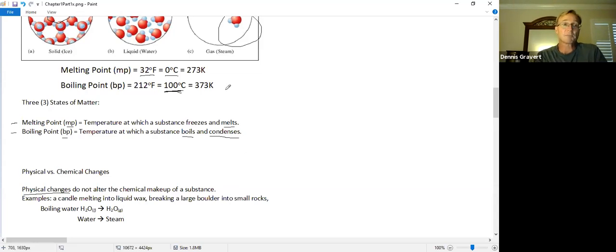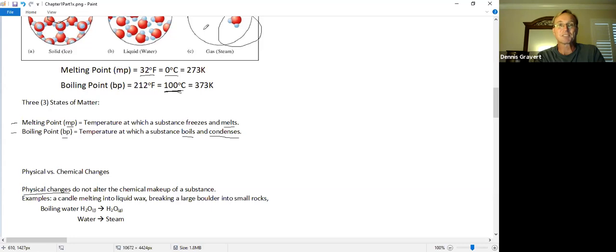And so we have a good example of that. Hey, if you melt something, if you melt water specifically, you take ice, change it to liquid water. What's the chemical makeup of ice? H2O. What's the chemical makeup of water? Liquid water, H2O. Yeah, you didn't change the chemical makeup when you melted it. Same thing as when you boil it, right?